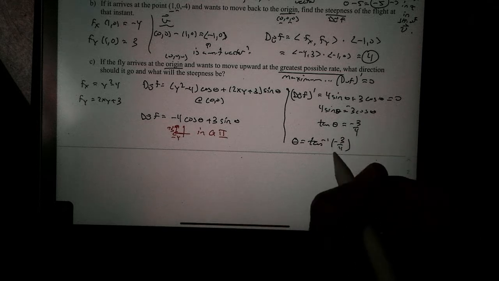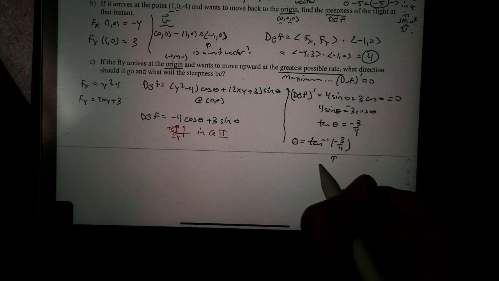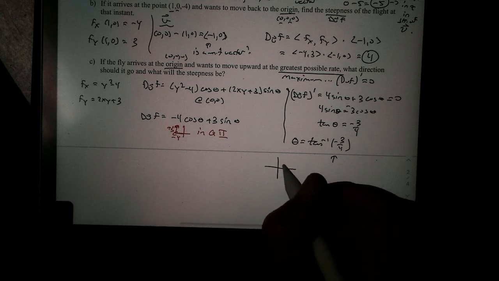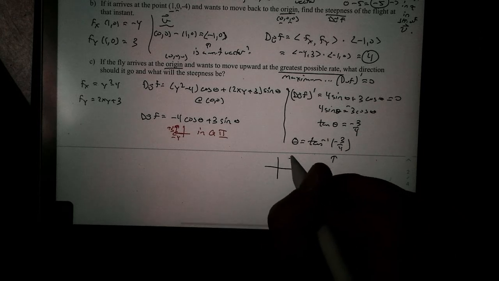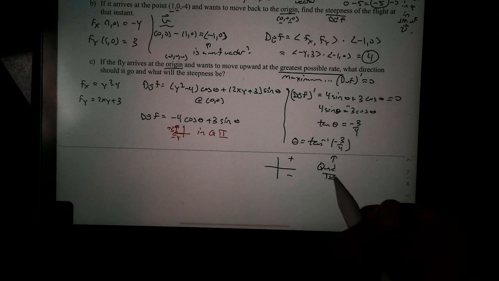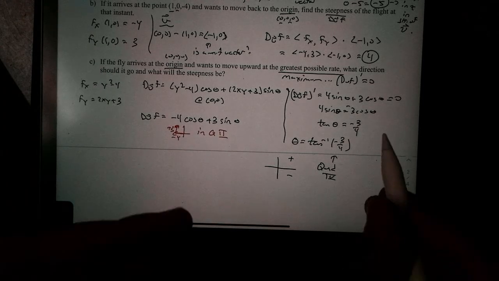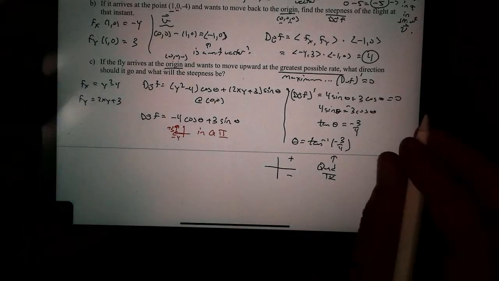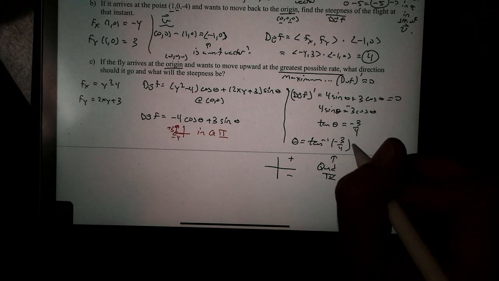But you have to remember, in arc trig, this is in quadrant 4. Remember, in arc trig, tangent is positive in the first quadrant, but negative in the fourth quadrant. So this is in quadrant 4. We want to be in quadrant 2, so how do you go from quadrant 4 to quadrant 2? You add pi, or you can subtract pi.